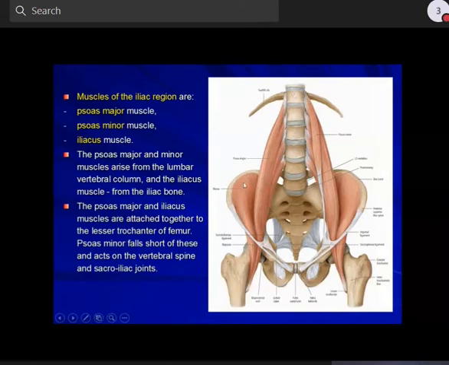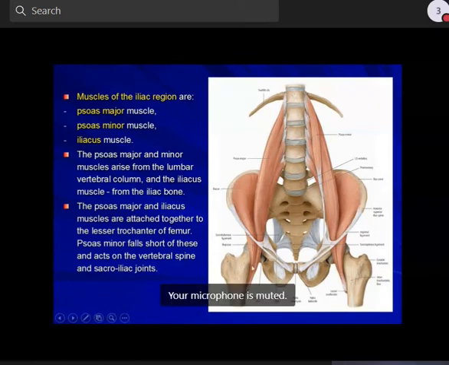And the iliacus passes downwards, its fibers converge and taper, and finally passes in front of the hip joint and ends on the lesser trochanter.